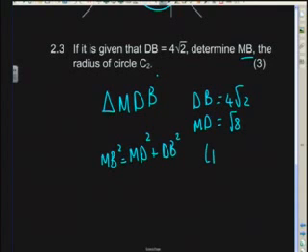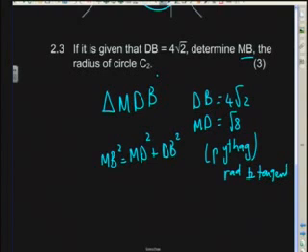And the reason we can use Pythagoras is because we know radius is perpendicular to tangent, which gave us that 90 degree angle. That's how we got to a right angle triangle. So MD squared is root 8 squared, plus DB, which is 4 root 2, squared.